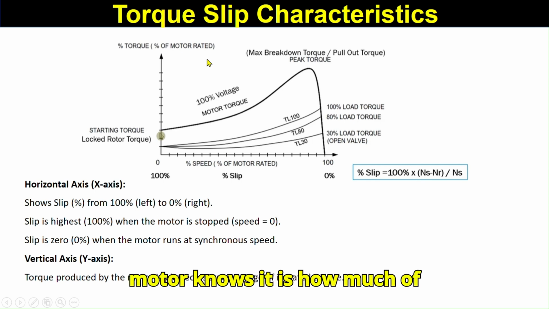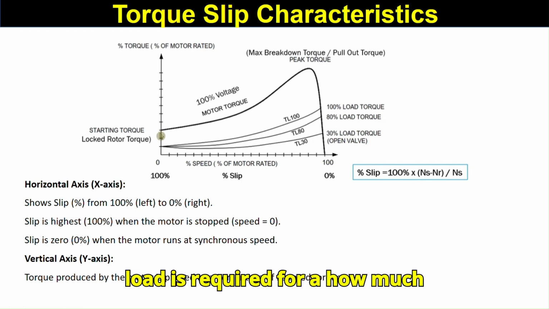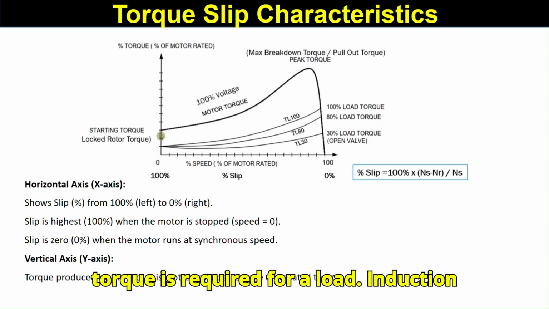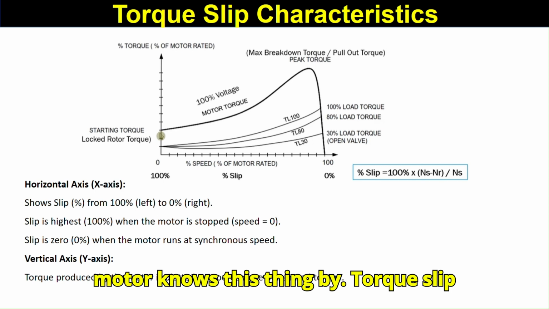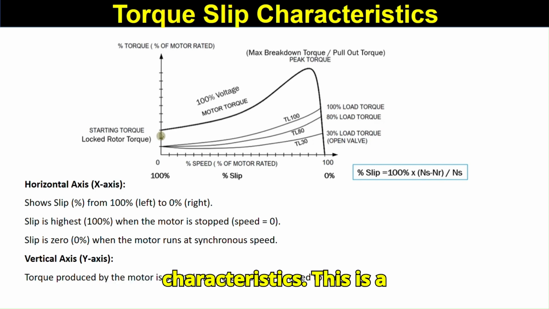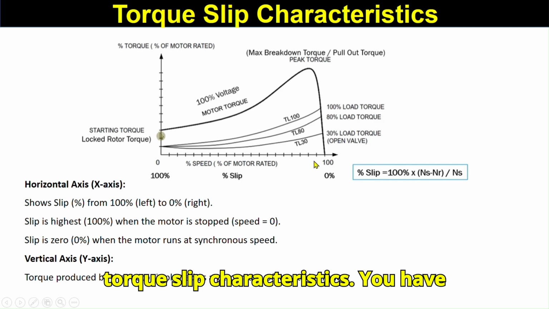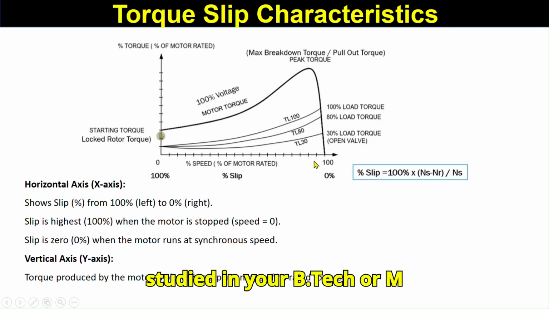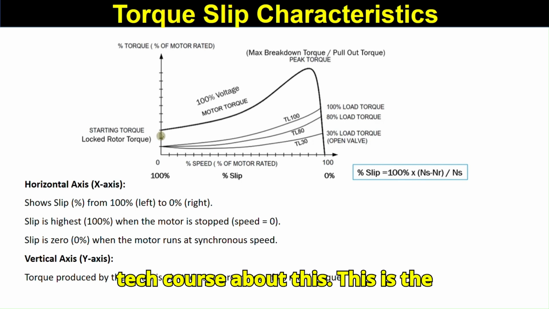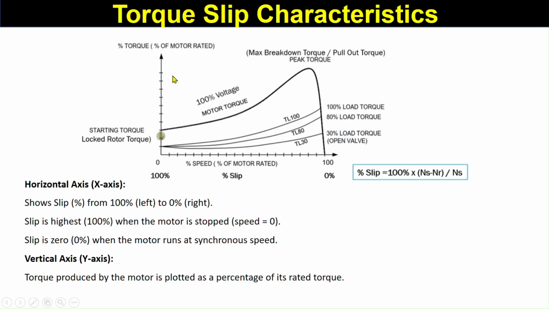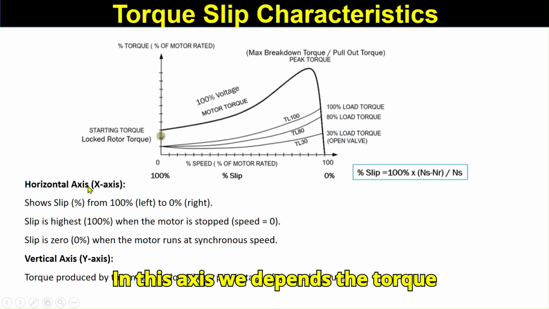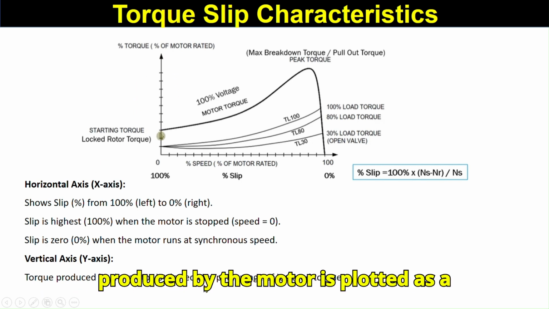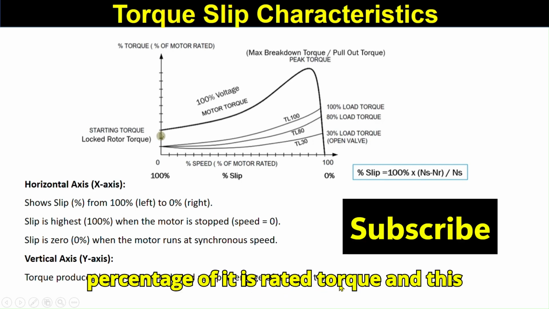Induction motor knows how much torque is required for a load by the torque-slip characteristics. This is a torque-slip characteristic. You have studied this in your BTech or MTech course. This is the vertical axis, which represents the torque produced by the motor, plotted as a percentage of its rated torque.